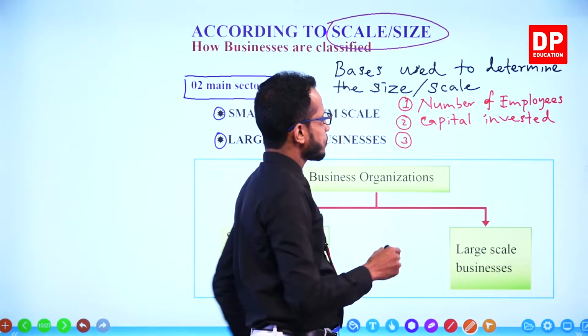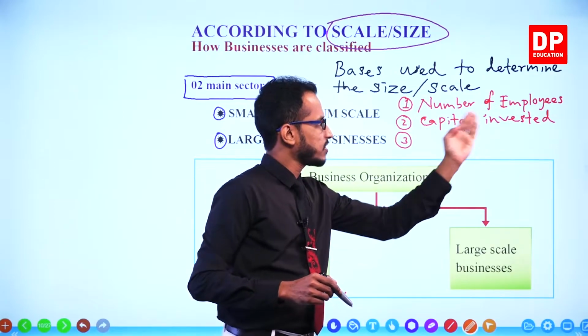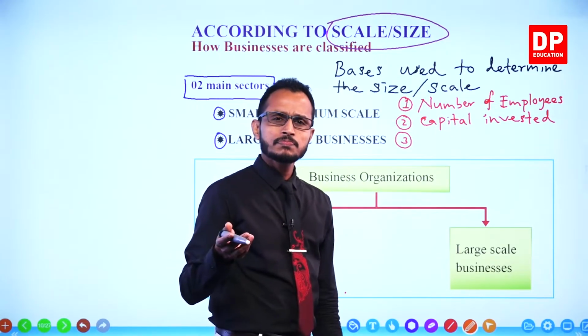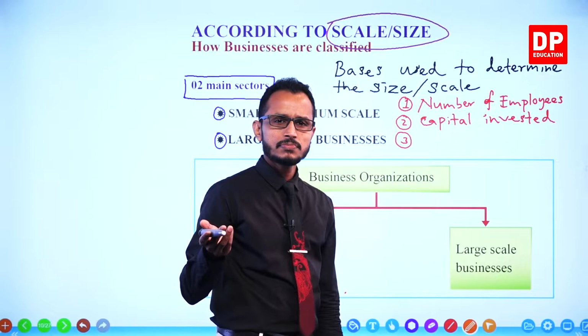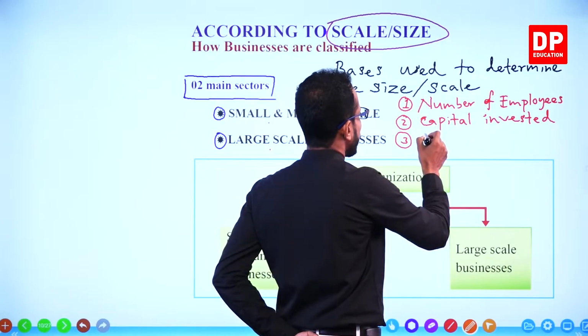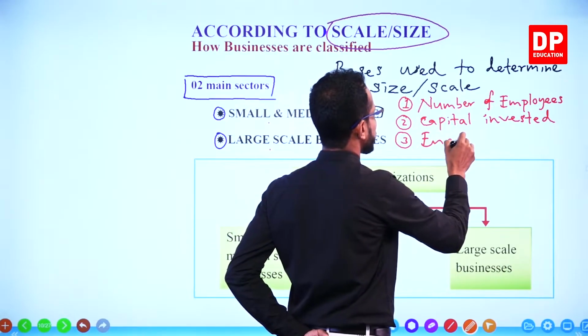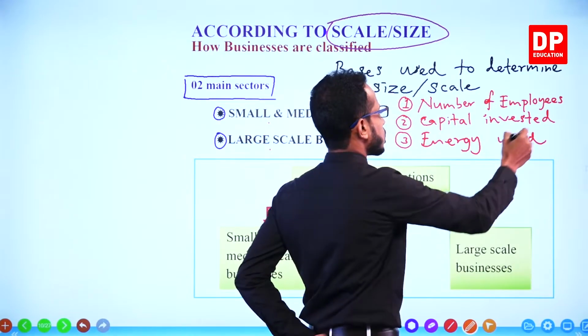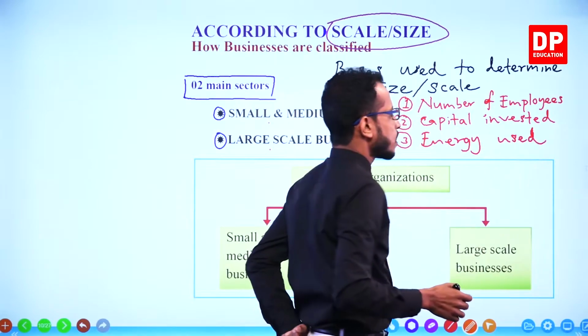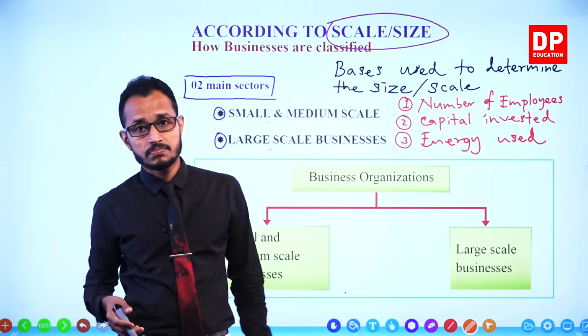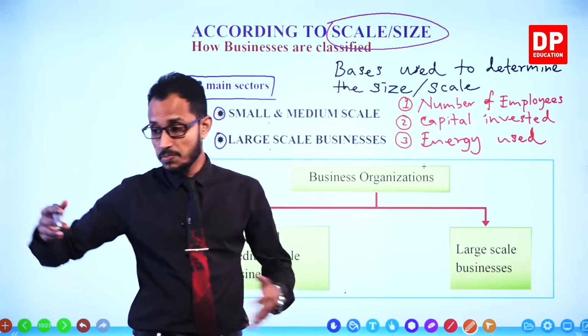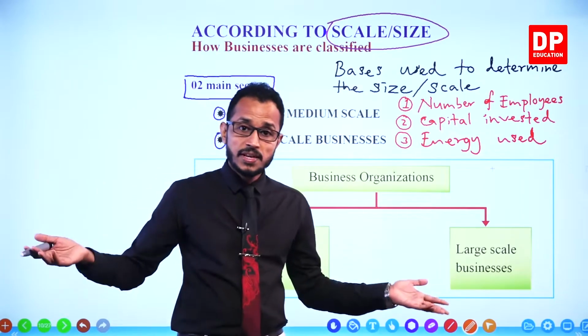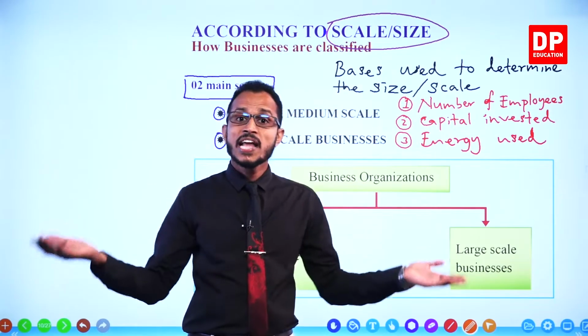Well, you can consider the number of employees or the capital invested, or what? Maybe the energy used. Energy means the electricity used. How many kilowatts? If it's a big factory, the electricity bill is coming over 100,000.